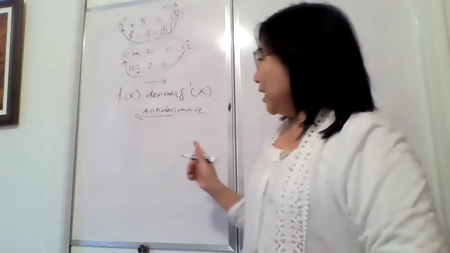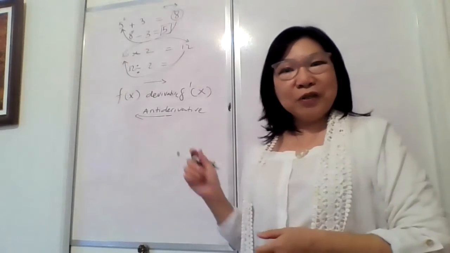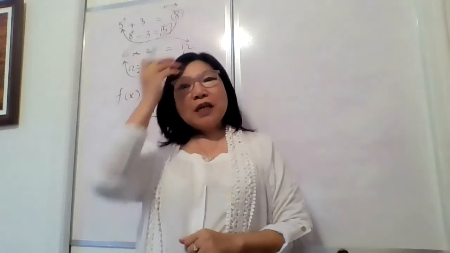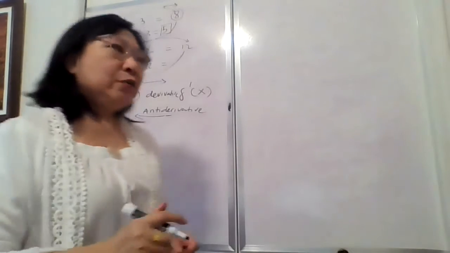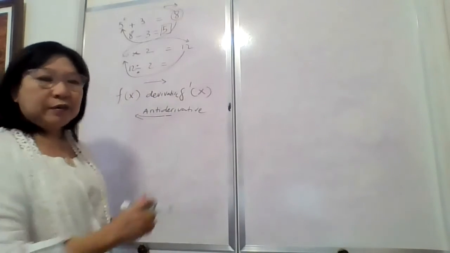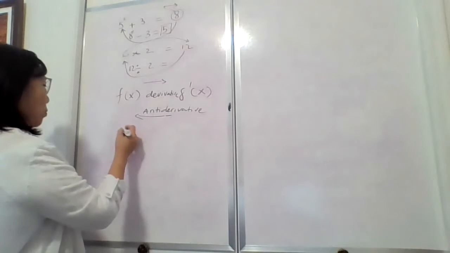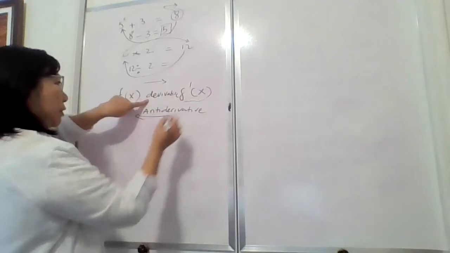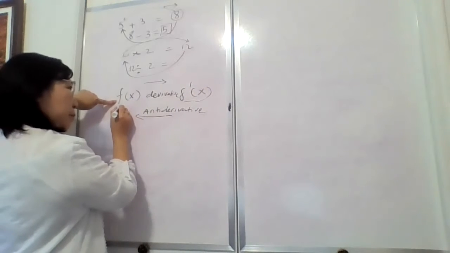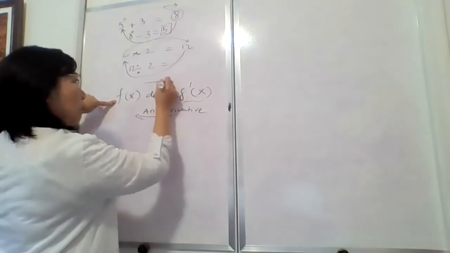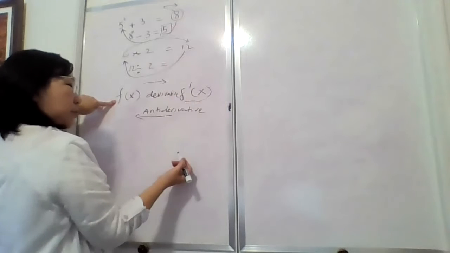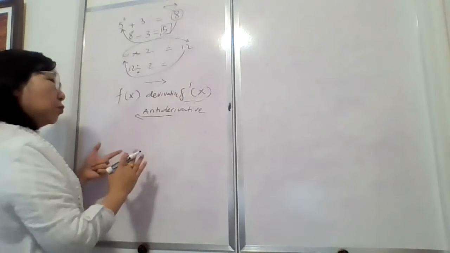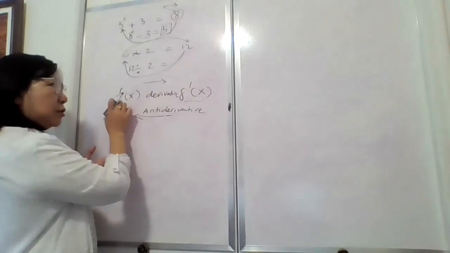Okay, so let's get into how we're going to do the antiderivative, right? Because it's a higher level, it has some notation you've got to be familiar with. Let's say you have a function f of x. You take the derivative, you move forward, and you have an f prime function. Now if you go backward, you have to undo what you already did to this function.